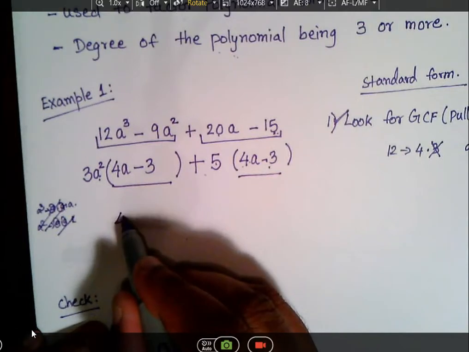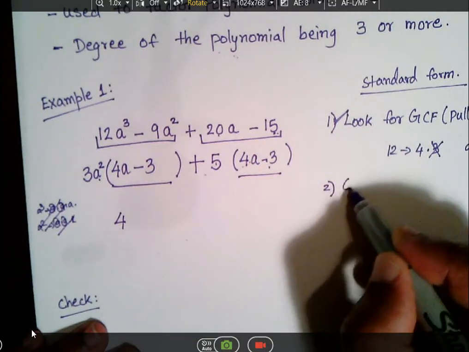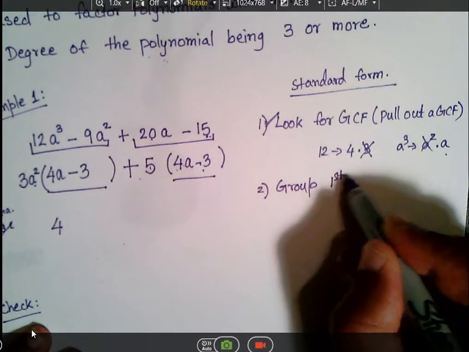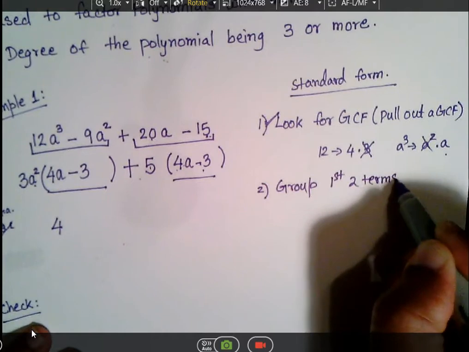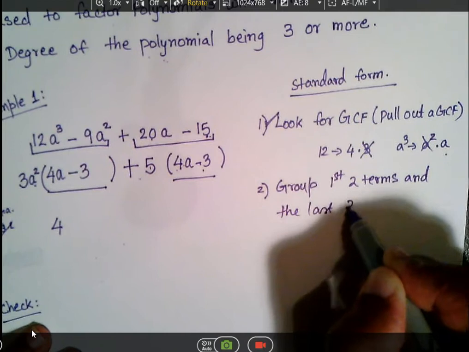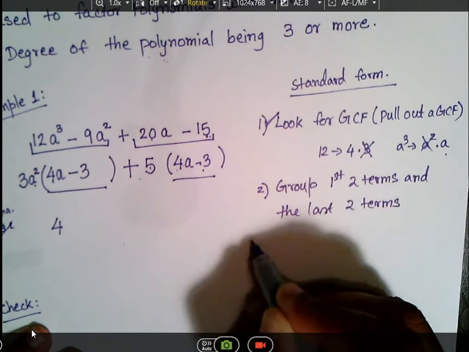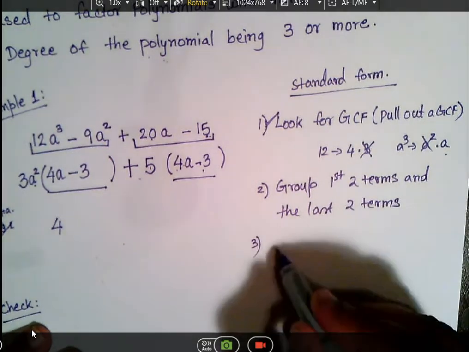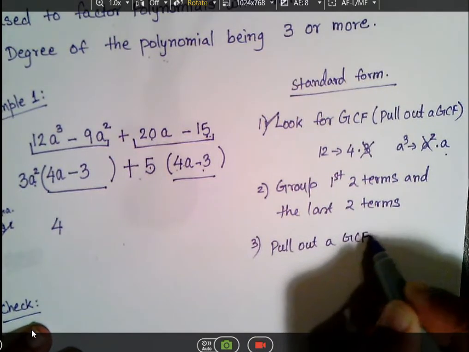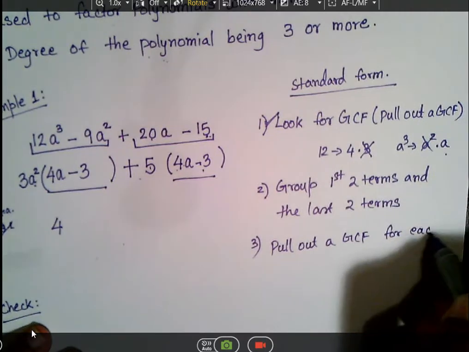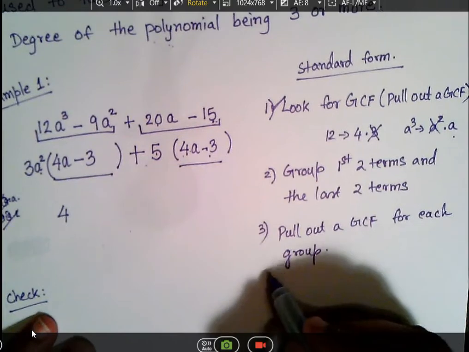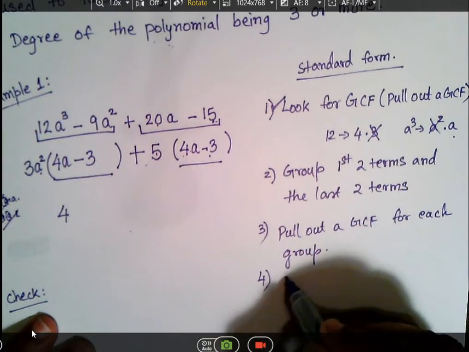So the steps are: group the first two terms and the last two terms, then pull out a GCF for each group. Make sure you have a common binomial factor.